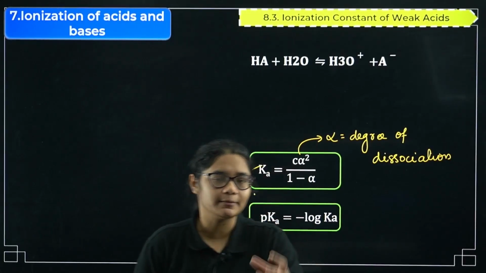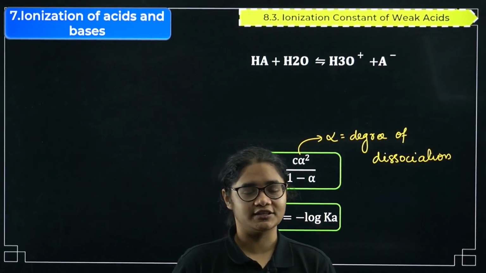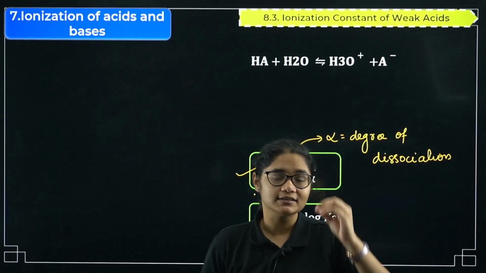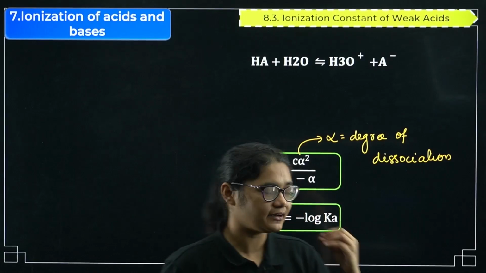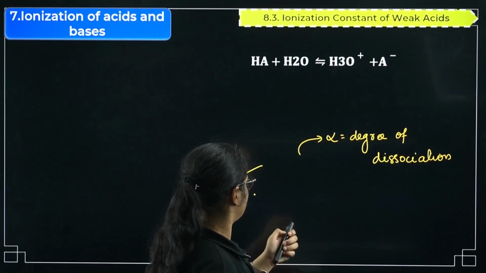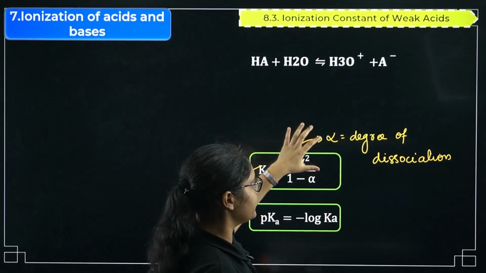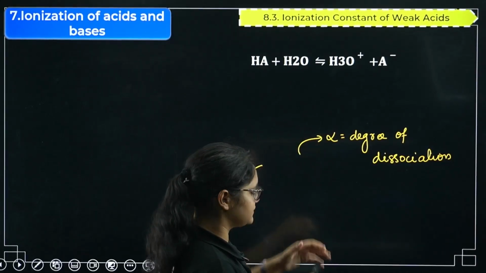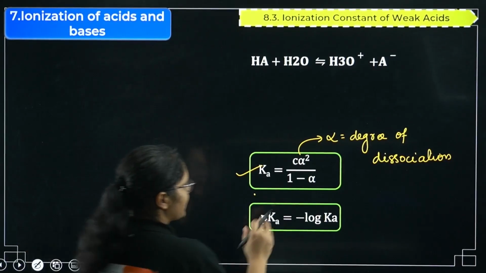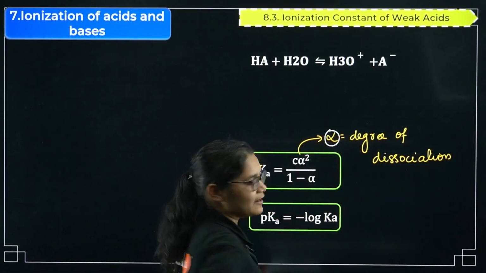There can be 20% dissociation, 40% dissociation, 50% dissociation, 100% dissociation. If it is a weak acid, then definitely we will have this alpha.